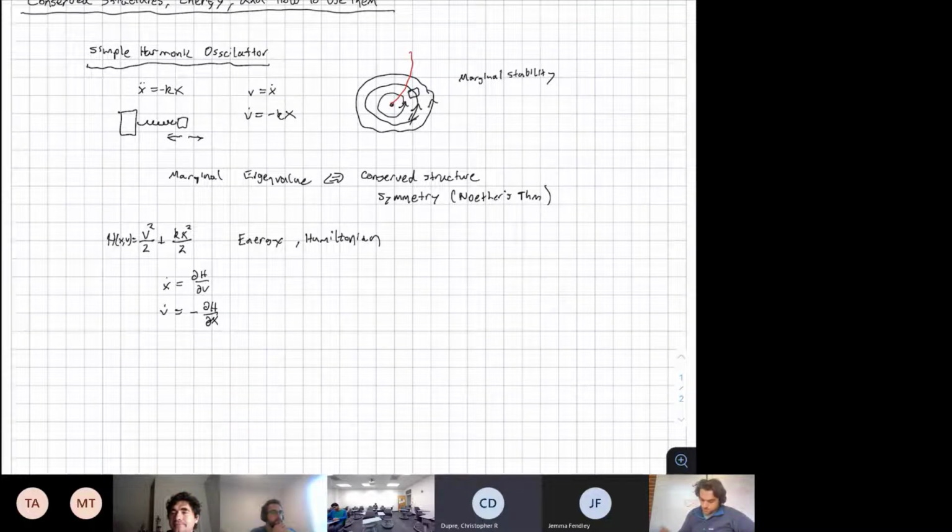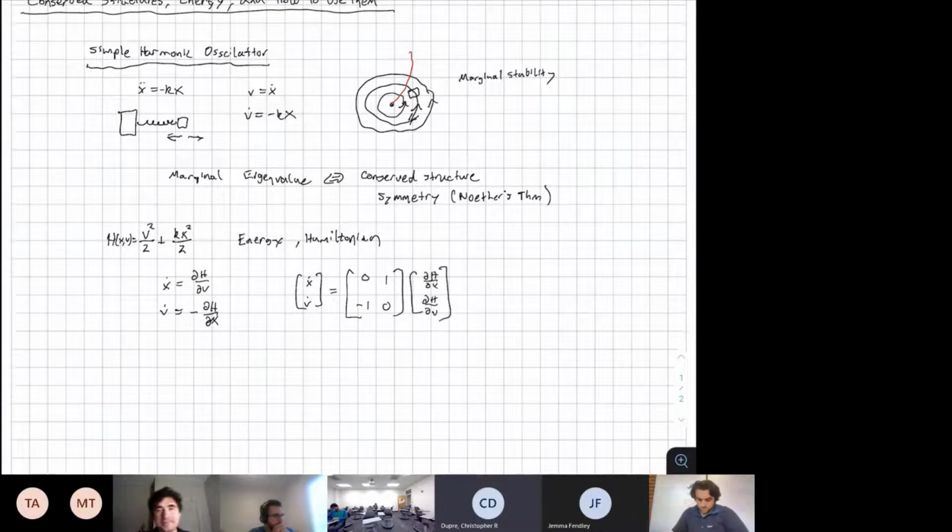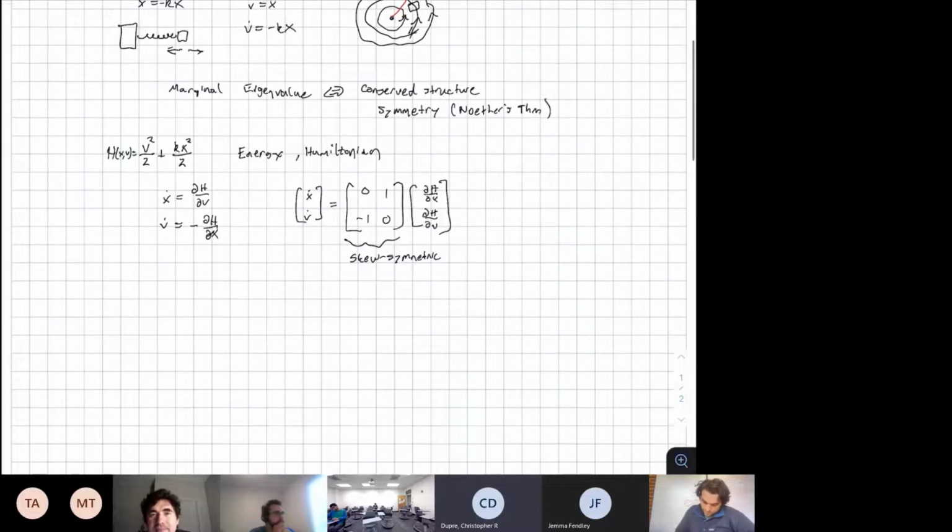One other thing I want to point out in relationship to Hamiltonian mechanics is that this, when written in matrix form, is exactly the same thing as this right here. So we have this skew symmetric matrix right here, which is governing the flow. And in fact, what we can see is that if you want to consider dH/dx, dH/dv dotted with x dot, v dot, what is this?